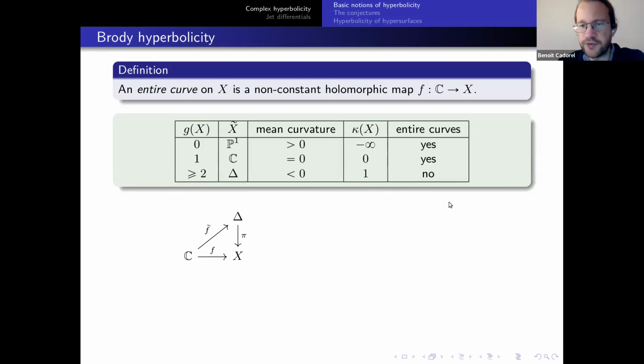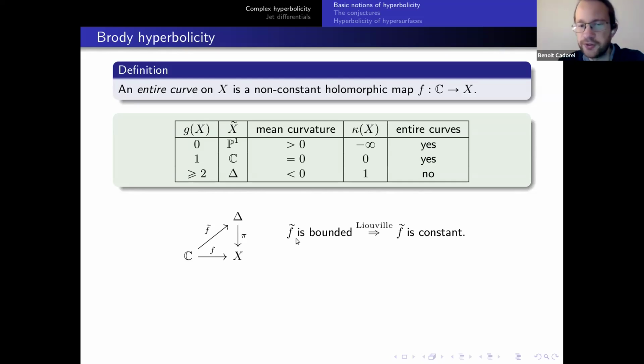A proof of the fact that you have no entire curves on curves with genus higher than 2 is simply the following. Assume that you have a holomorphic map starting from C and arriving in X. Then you can lift it to the disk, the universal cover of your manifold.